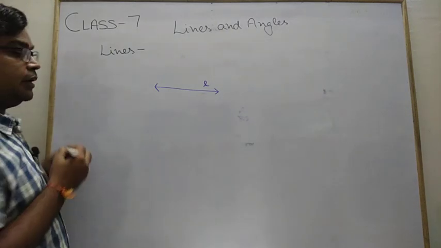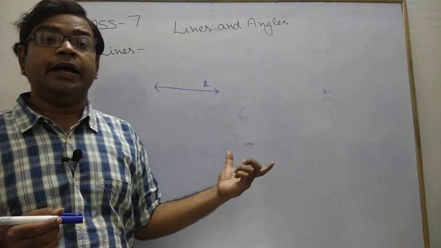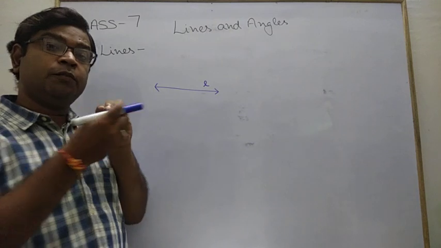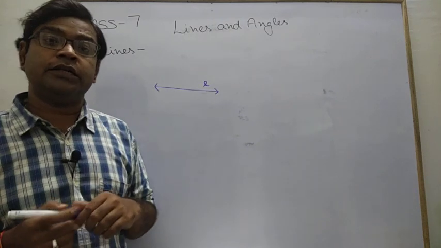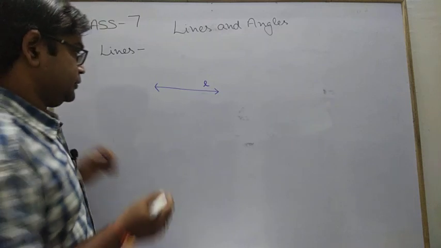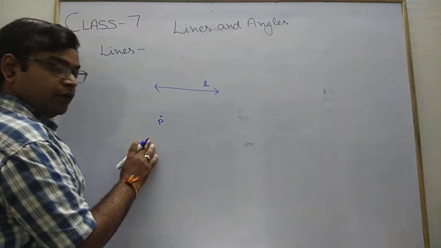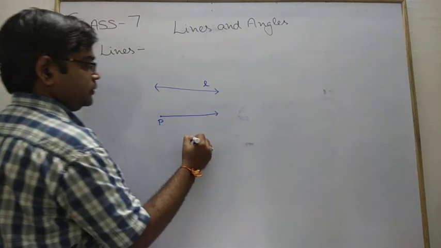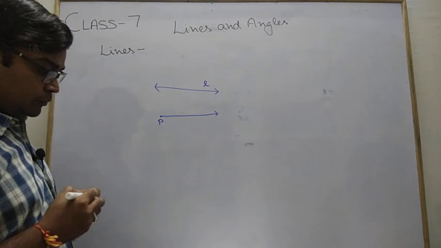Then we have a ray. If a line's one side is fixed and one side is open and extended, that type of path is known as a ray. In this case point P is the fixed one and this side the ray is increasing. Here we have only one arrow.